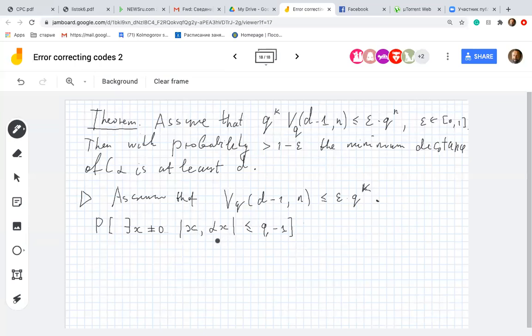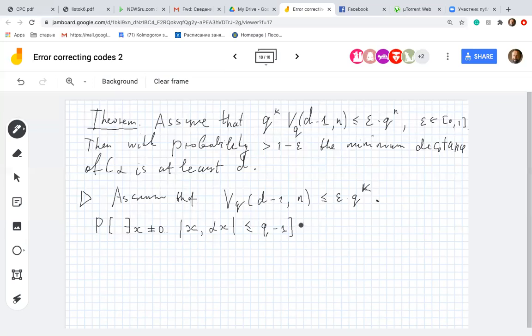So for every specific x, alpha x, there is only one alpha which is prohibited by that code word. So the probability that our alpha is bad is equal to the number of bad x, alpha x, which is the volume of the ball, over q to the k, which is by assumption at most epsilon.